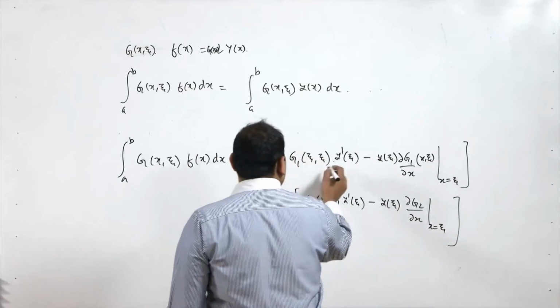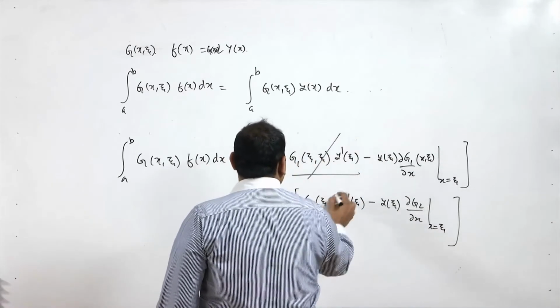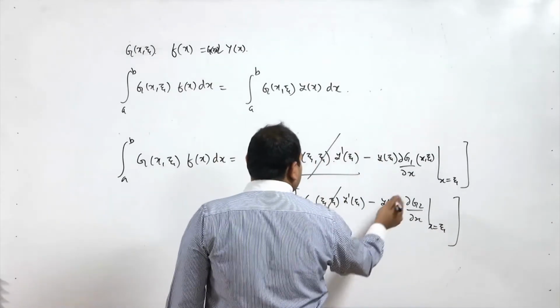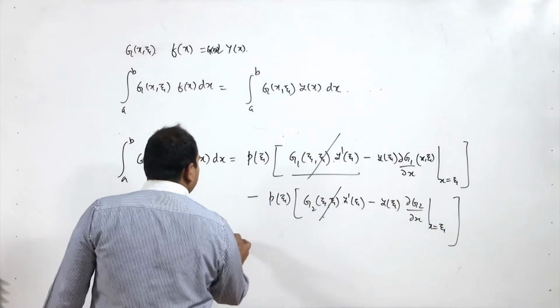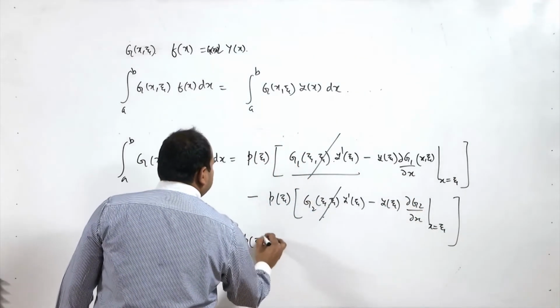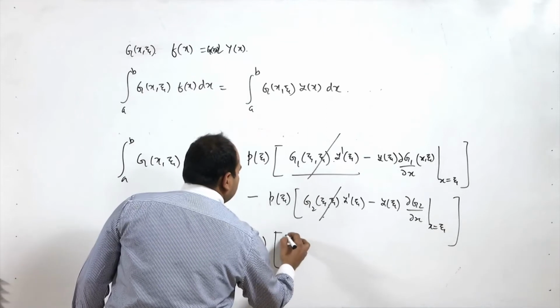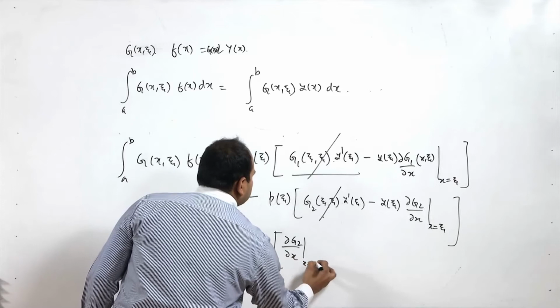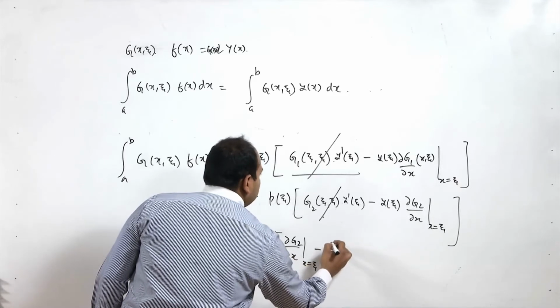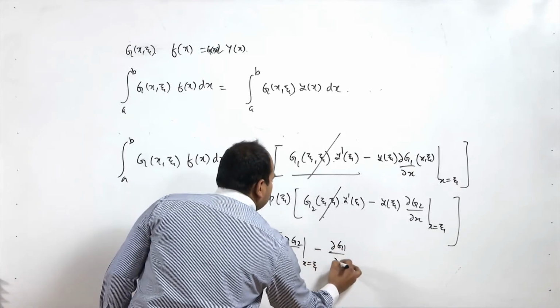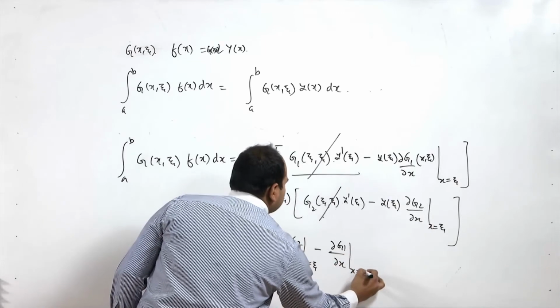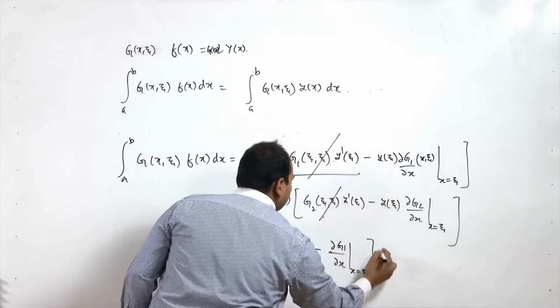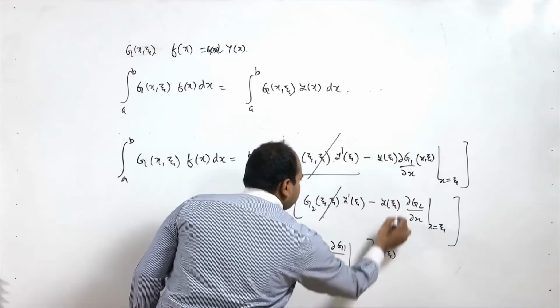Now since g is continuous, this will be cancelled out, and using the jump condition it is p of xi times dever g2 by dever x at x equal to xi minus dever g1 by dever x at x equal to xi, and this y xi is also there, so I am taking y xi out because it is common here.